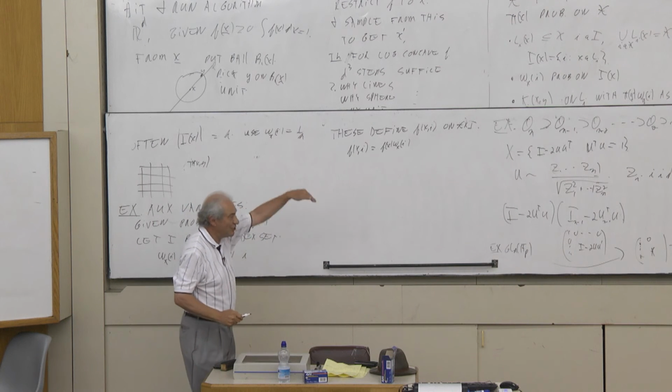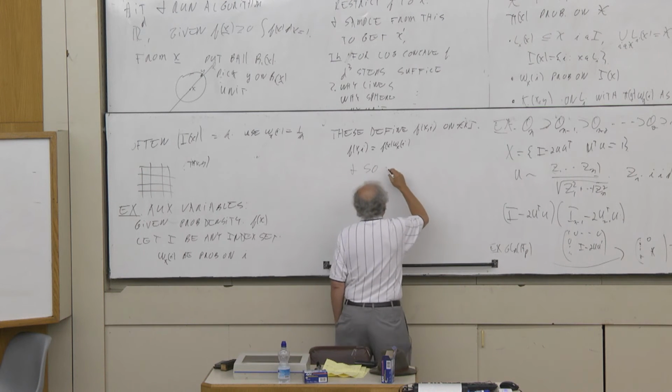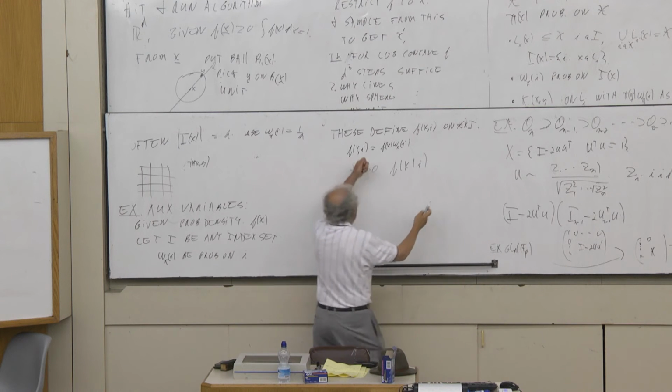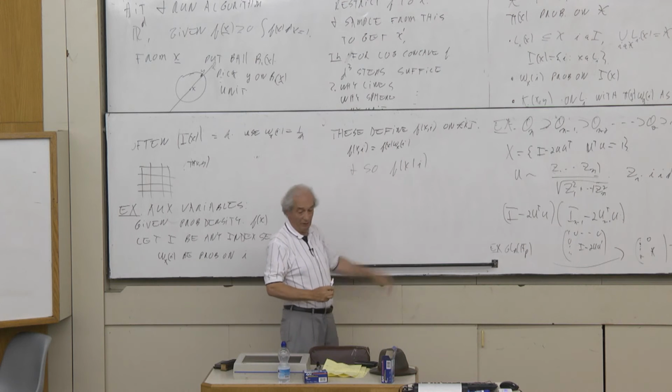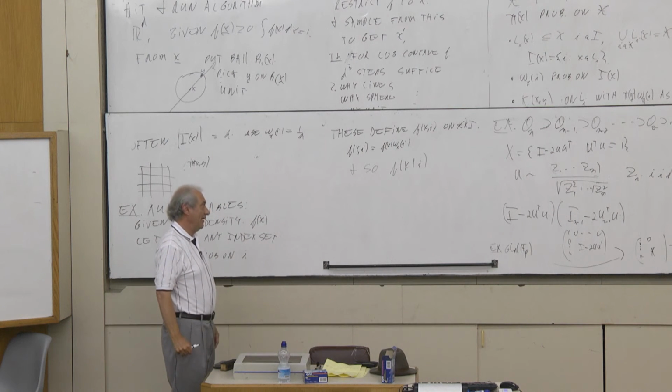And so there's a conditional distribution. And so f of x given I, the conditional distribution of x given that you're at I, just by the usual definition of conditional probability.